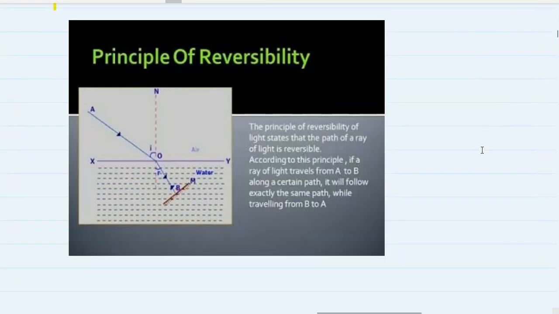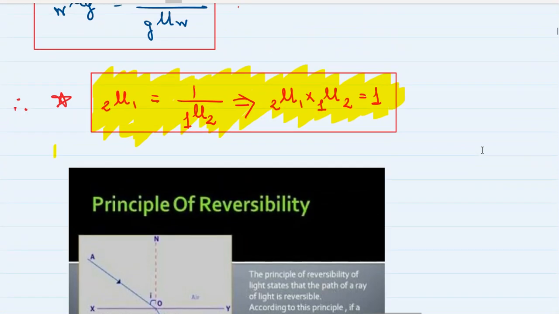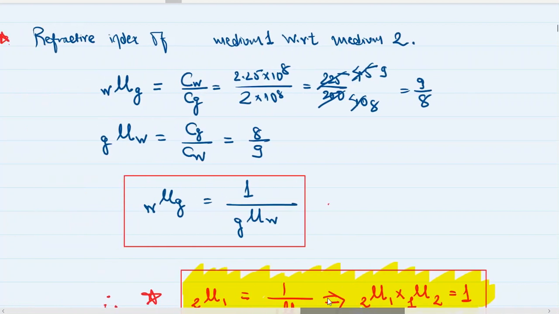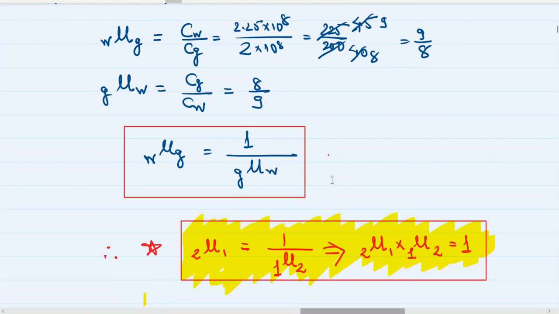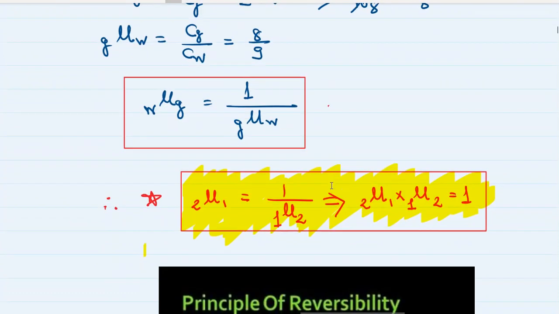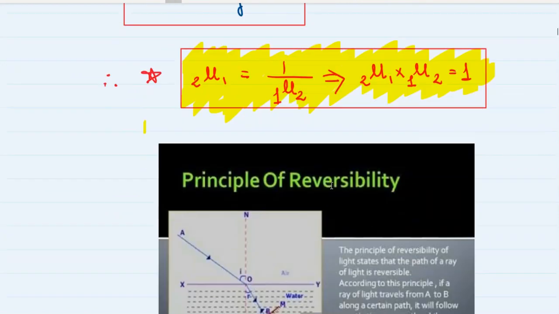Okay, so since we have understood this relationship between the refractive indices of two media with respect to each other, we know that refractive index of medium 1 with respect to medium 2 is the reciprocal of refractive index of medium 2 with respect to medium 1, or the product of the two is equal to 1.